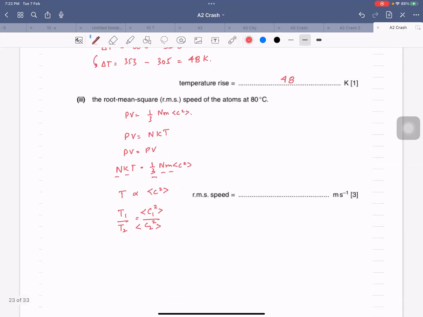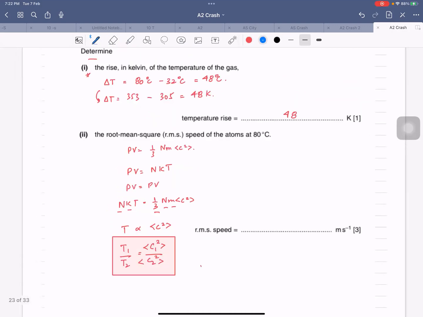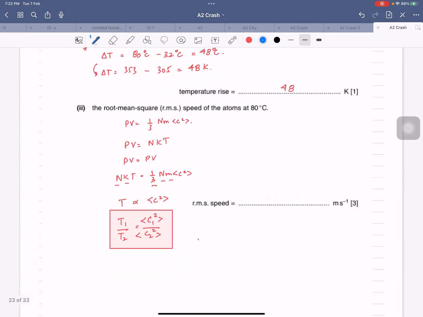This is just a way of doing a comparison question like this. The first temperature in Kelvin was 353 at 80 degrees, and at 30 degrees it was 305.